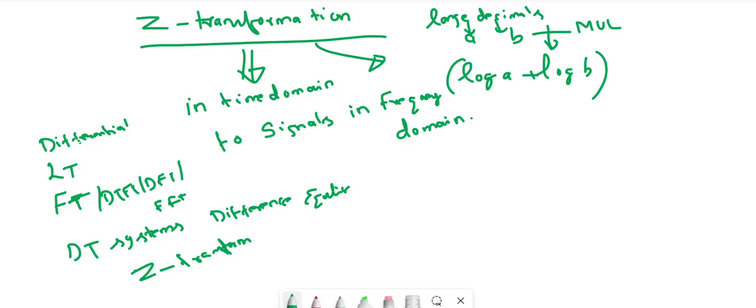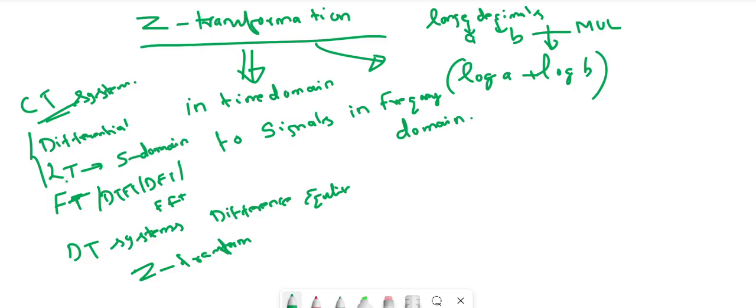Differential equations are used for analyzing CT systems. They are very complex and difficult for analyzing signals in the time domain, so we transform into the frequency domain, that is the Laplace transform, the S domain.